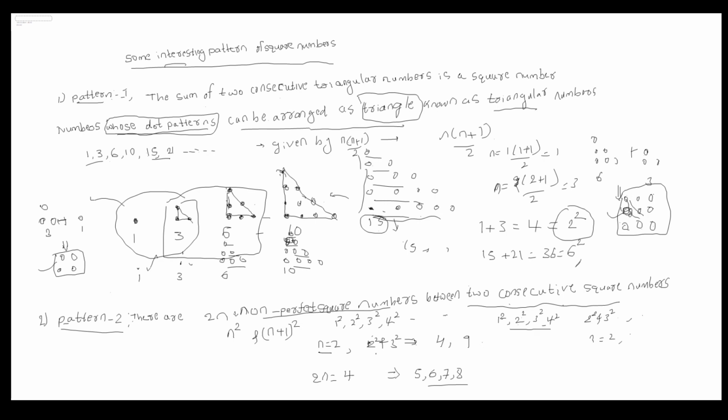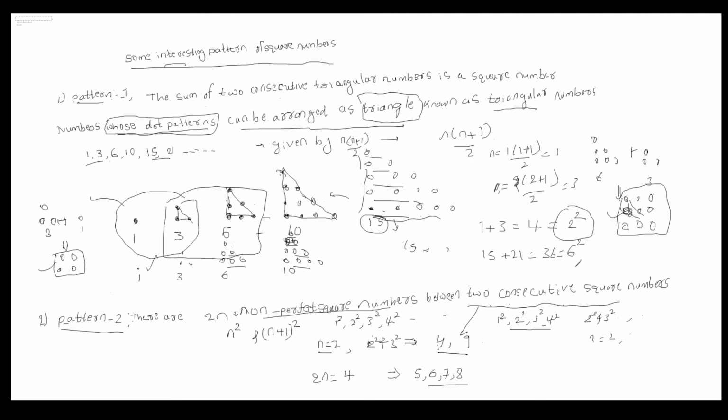Now 2 square and 3 square, that is 4 and 9. These are two consecutive square numbers.